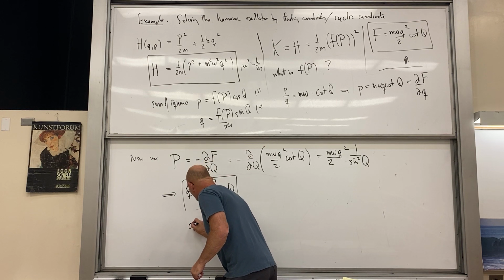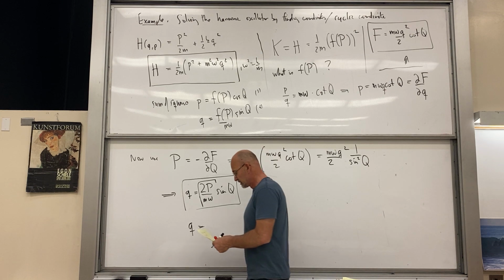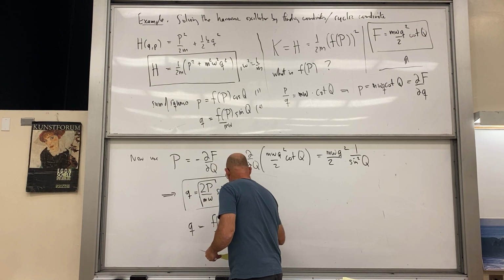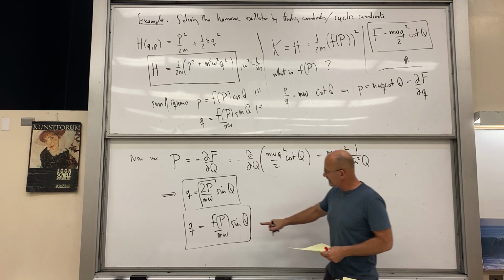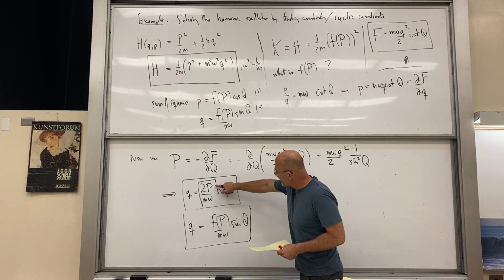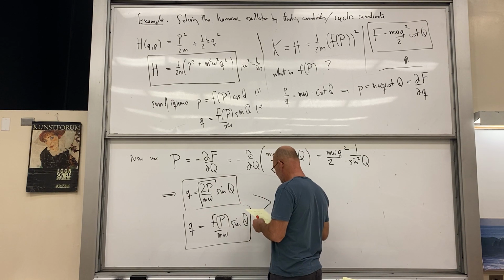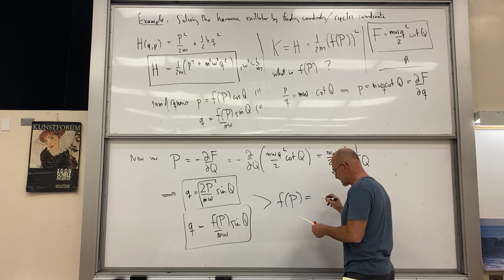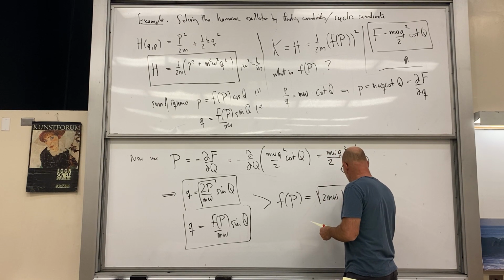And before that, we had q equals f of p over m omega times sine of Q. So now we're going to compare these two, and we can get the f of p out of this explicit expression. So comparing these two, we get f of p, that unknown function, equal to root 2m omega capital P.